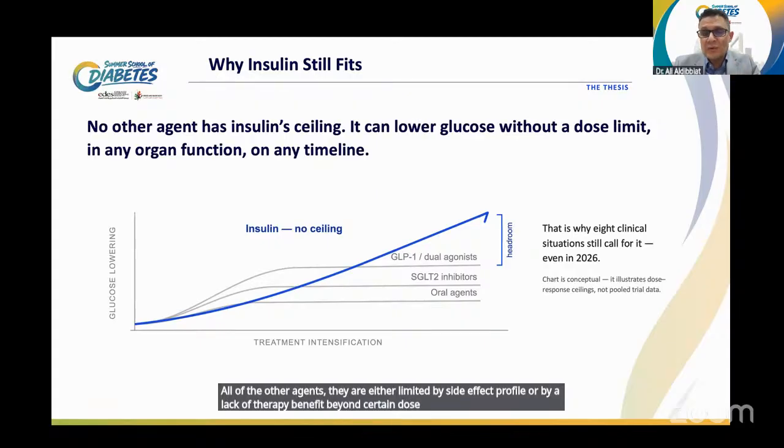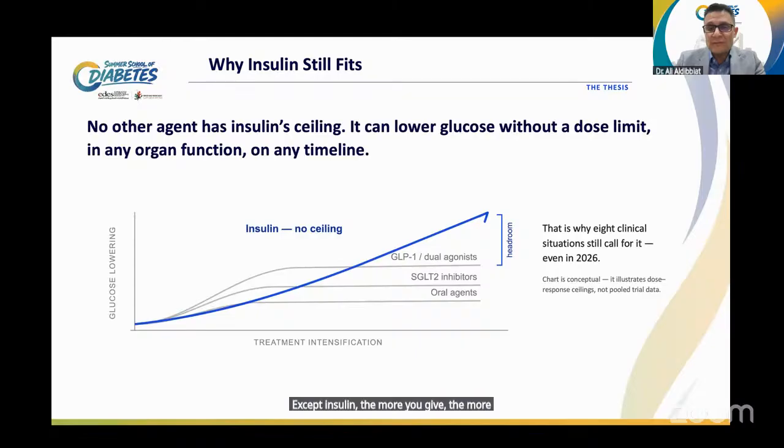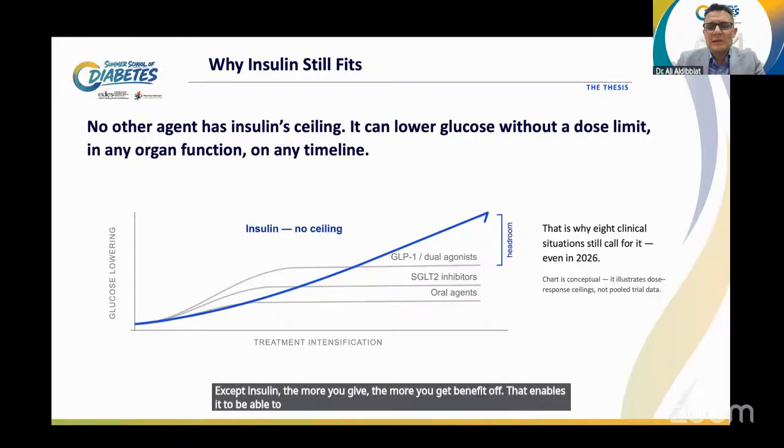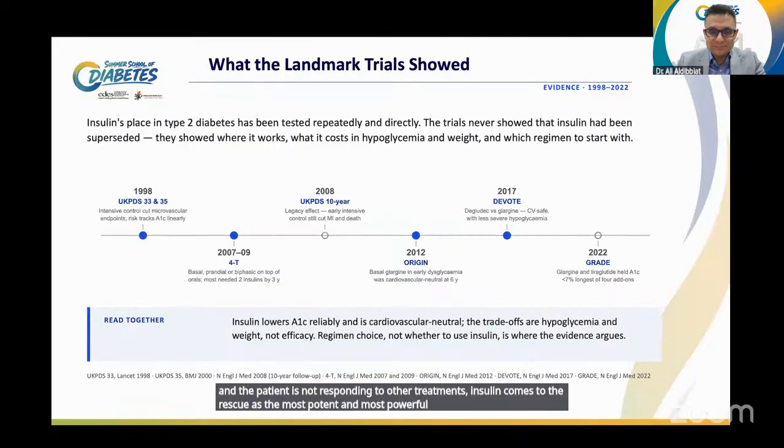Except insulin: the more you give, the more benefit you get. That enables it to match those difficult cases to control. When sugar is too high and the patient is not responding to other treatments, insulin comes to the rescue as the most potent and most powerful agent.